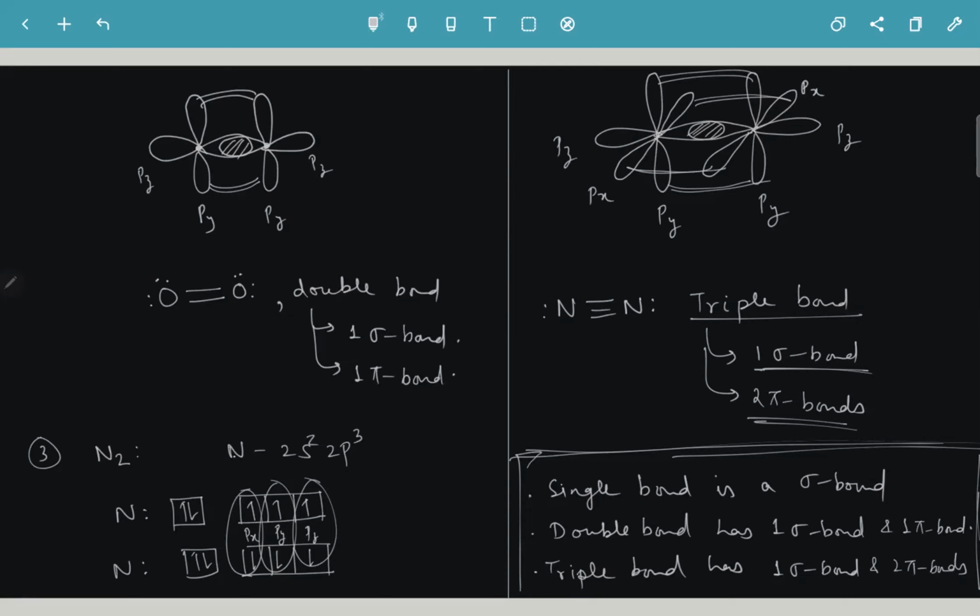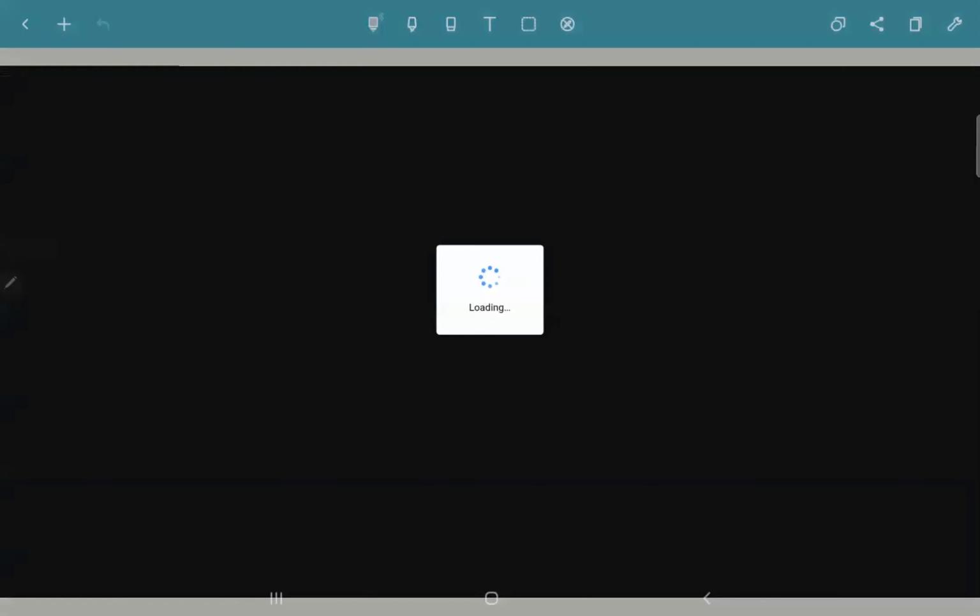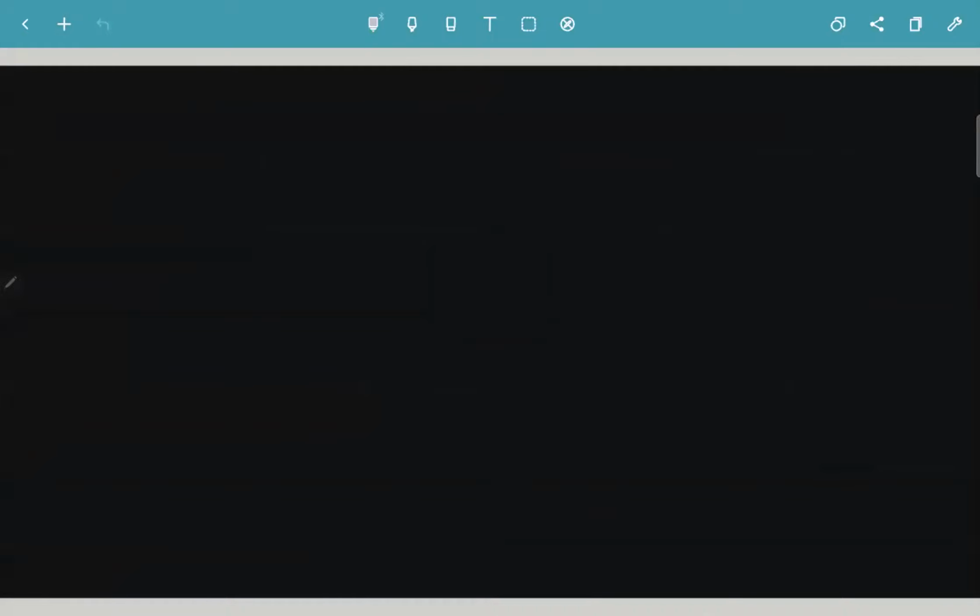Okay, next देखो. Let us count number of sigma and pi bonds in some molecules. Find the number of sigma and pi bonds in each of the following.